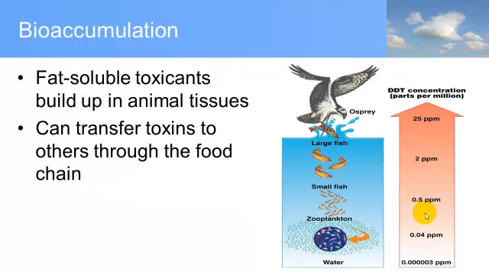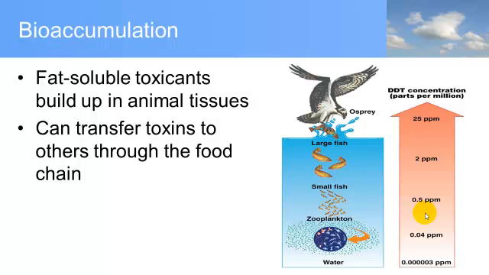Many of these pesticides and other chemicals can accumulate in the tissues of organisms. They're fat soluble, so they can build up over time. This process is called bioaccumulation. Over time, as organisms absorb more and more of these chemicals and more of them get deposited in their tissues, they can then be moved up the food chain as something eats them.